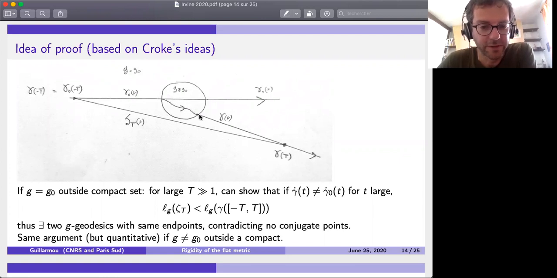It's not anymore a Euclidean line, and then it goes out of the perturbation and becomes a Euclidean line again. So the first step is to show that when you come back from the perturbation, your Euclidean line is actually going to be parallel to gamma 0. The direction cannot be different from that of gamma 0, which really means that the endpoint at infinity is going to be the same.